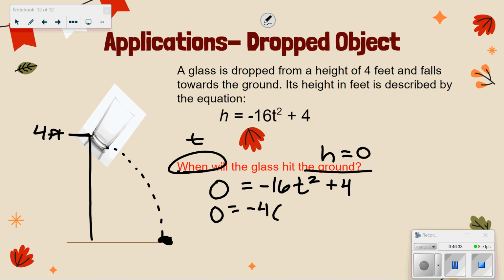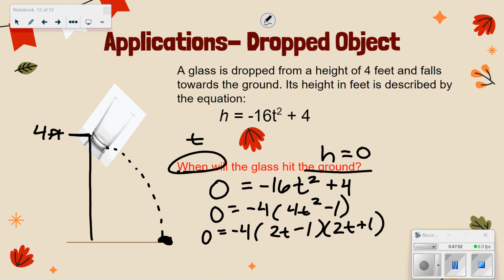Then you'd have 4t squared minus 1. And then, how can you factor 4t squared minus 1? Anybody know those factors? Is it 2t minus 1 times 2t plus 1? Awesome job. It's that difference of squares.